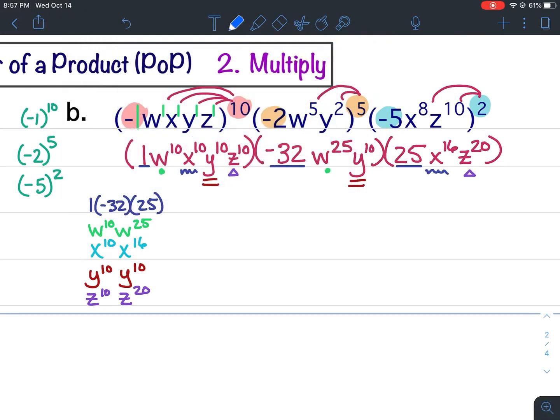So 1 times negative 32 times 25 is negative 800. And now we're going to add our exponents. For the w, 10 plus 25 is 35. For the x, 10 plus 16 is 26. For the y, 10 plus 10 is 20. And last, for the z, 10 plus 20 is 30.